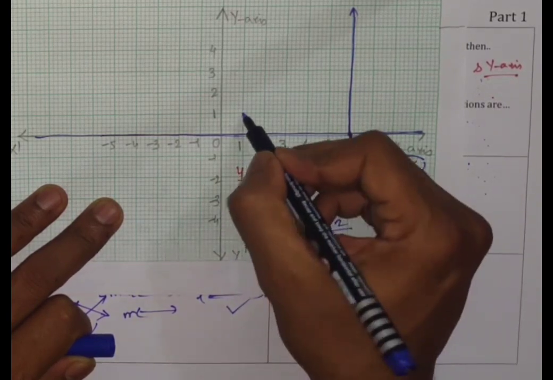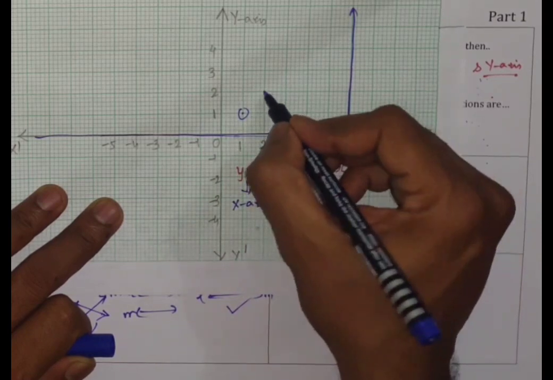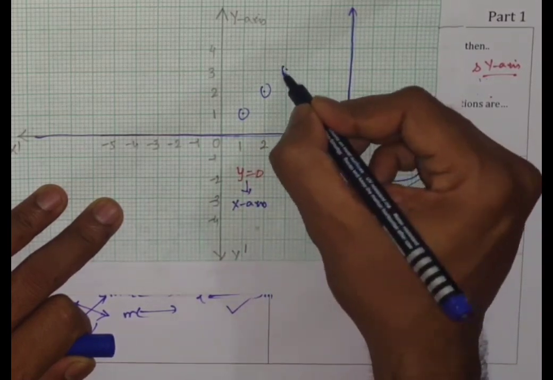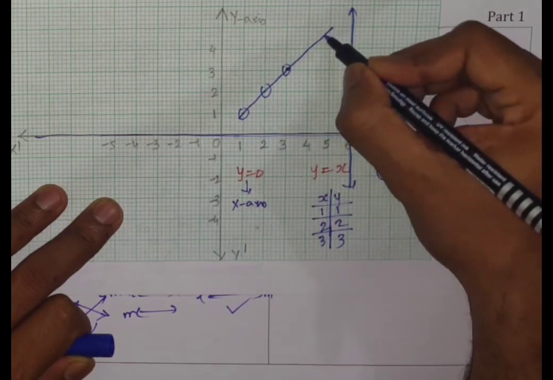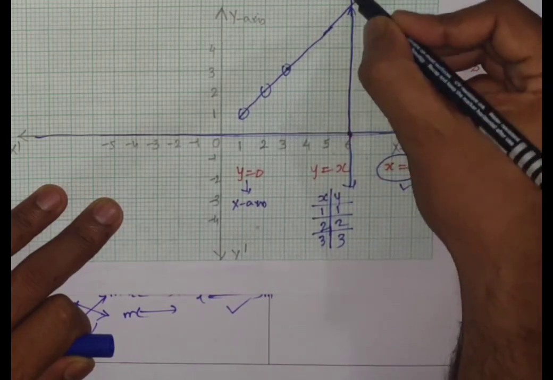So 1-1 is here, 2-2 is here, 3-3 is here. So this is your third line, children. Extend this also.